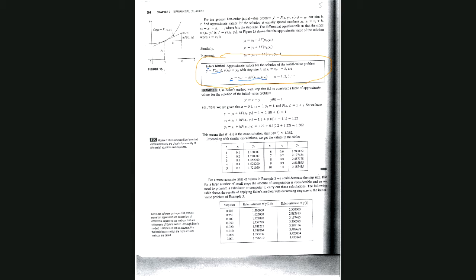So, for instance, if we work out Euler's method with a step size of 0.1 to construct a table of approximate values for this differential equation, they show you the first 3 steps.